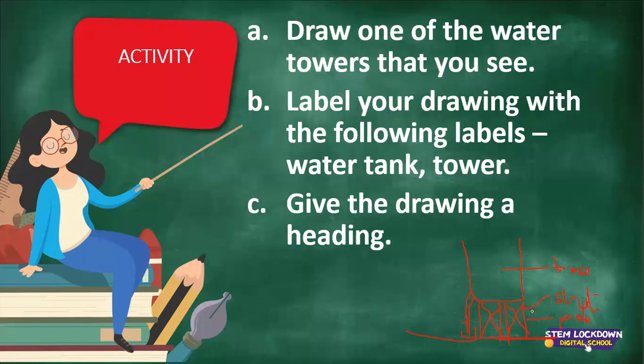You can do this practice like what you learned by me saying. You can go to your mom, or your dad, or if you have a pet, you can go to your pet, because sometimes mom and dad may be busy, or you can go to your brother or sister, and you can explain to them all that you learned about water towers, struts, and structures.